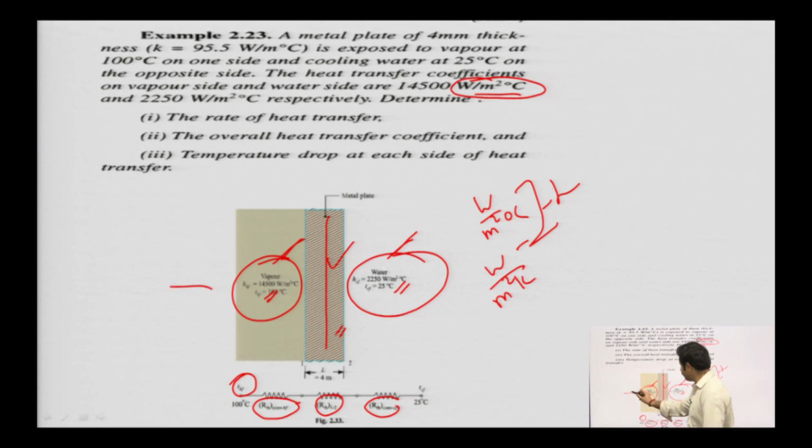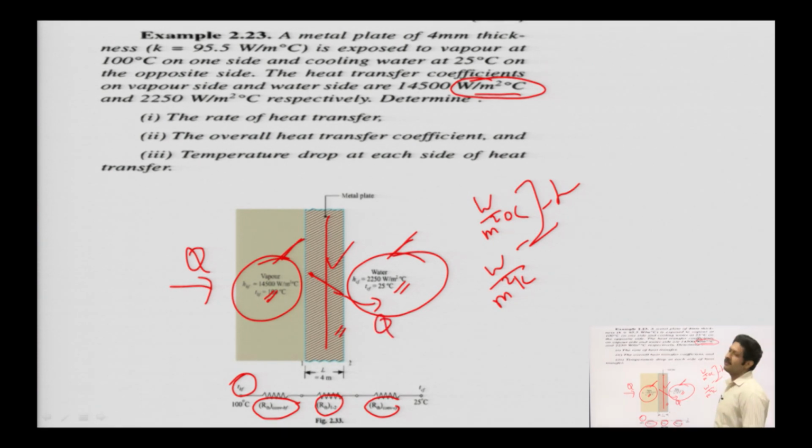So the heat will first encounter the thermal resistance of vapor, then enter the metallic plate and encounter its conduction resistance, and once it comes out, it will encounter the convective resistance of water.